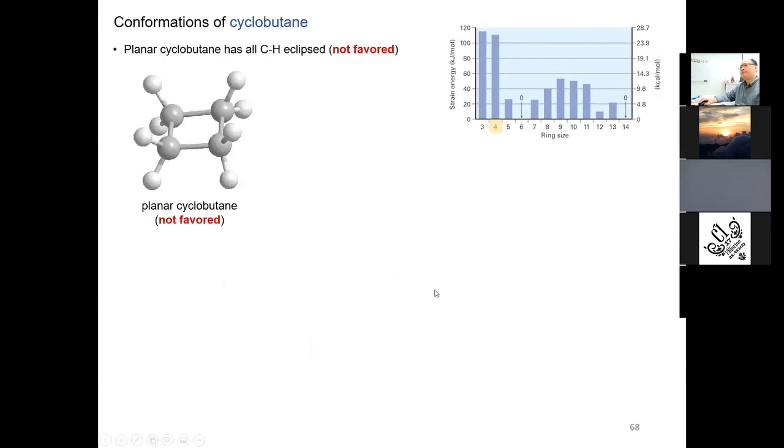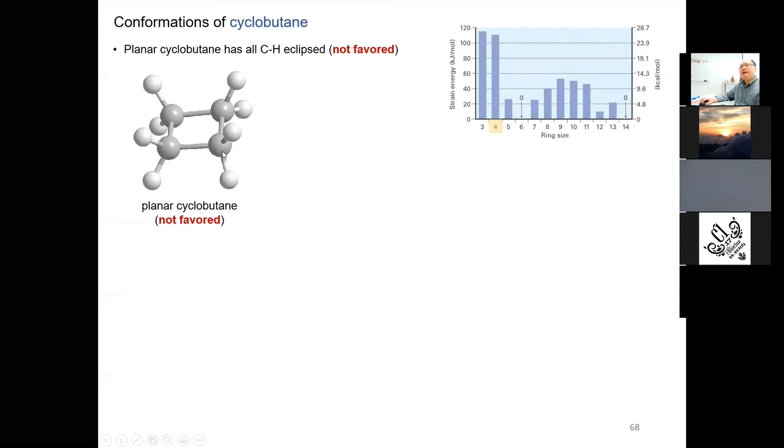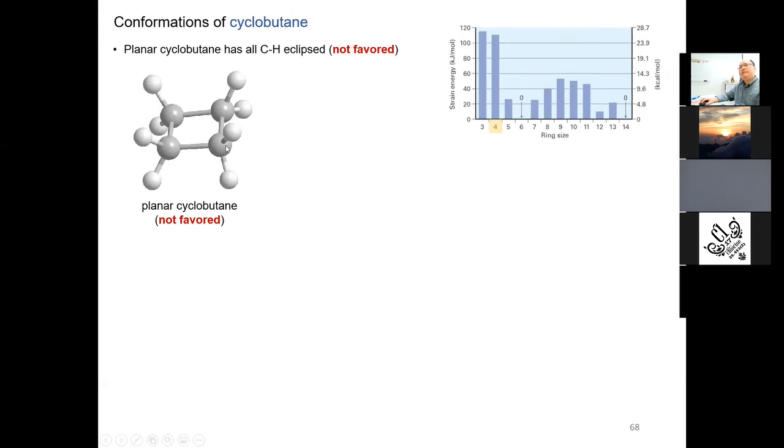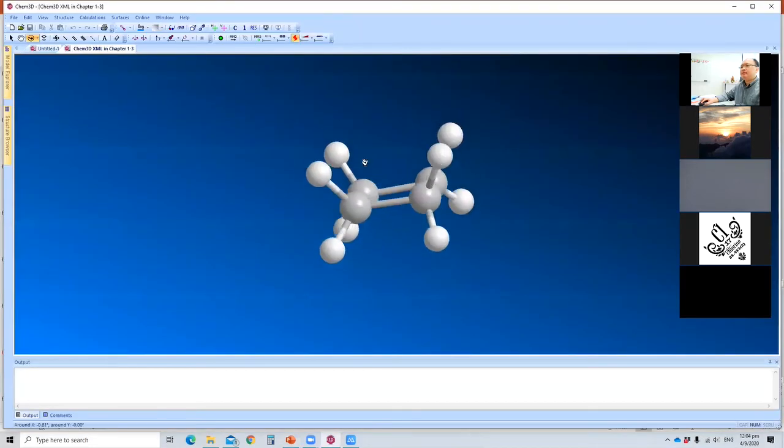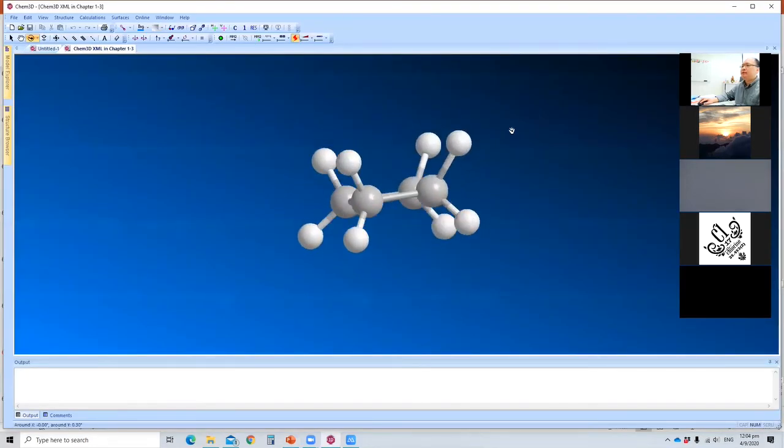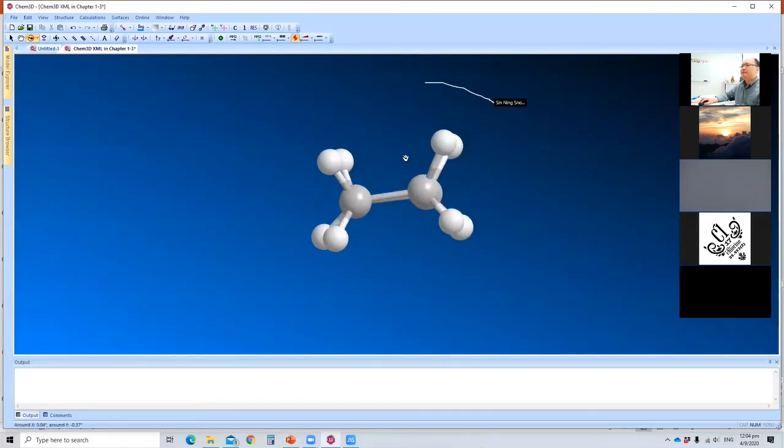Okay, cyclobutane. Planar cyclobutane, like planar cyclopropane, has all CH bonds eclipsed together. Again, all CH bonds eclipsed together, right?